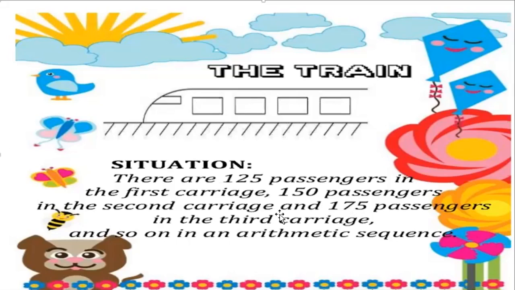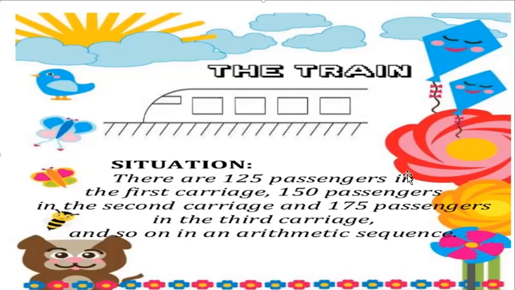Subsequently, can you find the number of passengers in the fourth carriage? Yes, 175 in the third carriage, so we will increase by 25 and we get the number of passengers in the fourth carriage, that is equal to, very good students, 200 passengers.